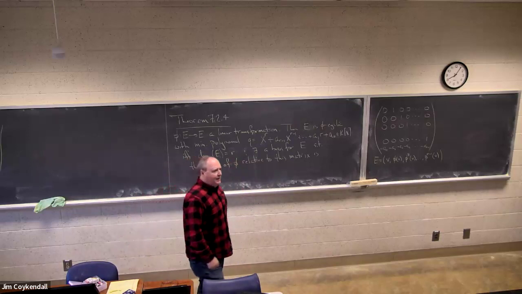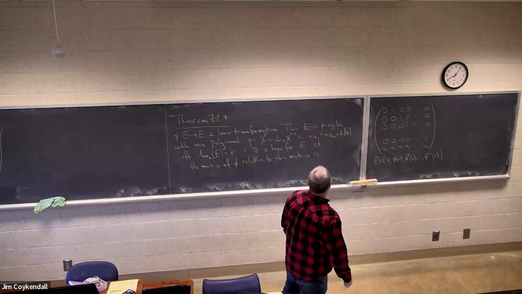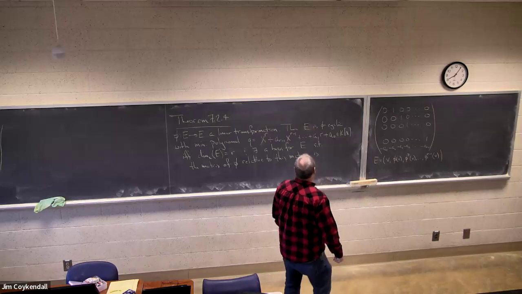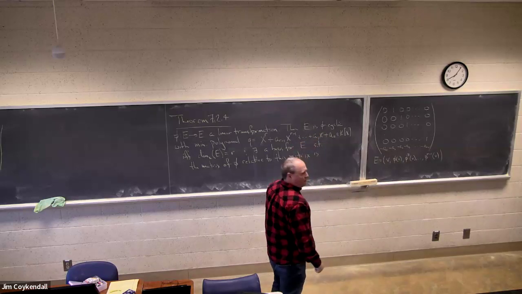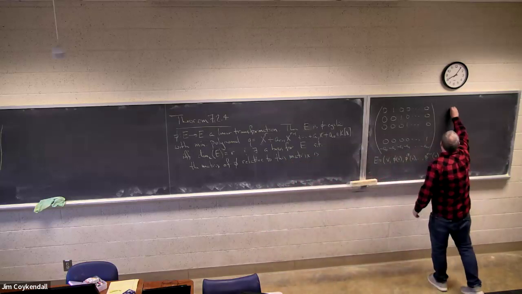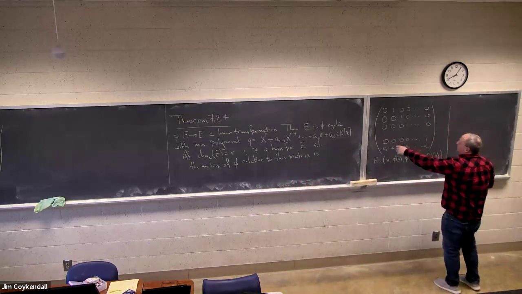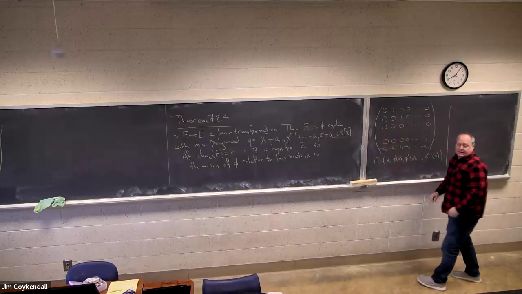Now, yes. What's the question? I never saw the transpose in linear algebra. That's what I was going to say. So this is using vector multiplication where you multiply by the matrix on the right, right?